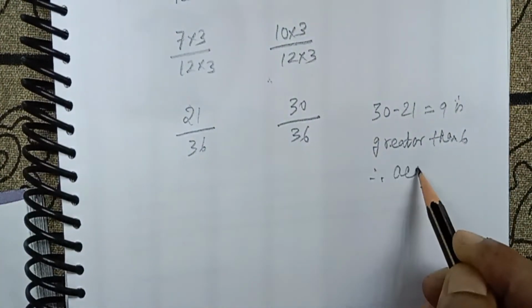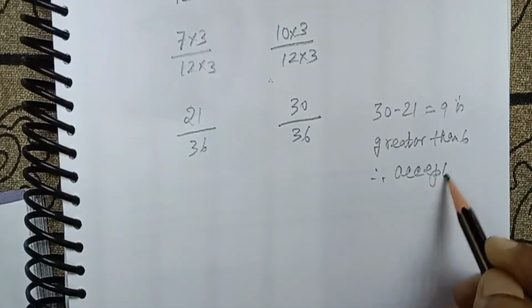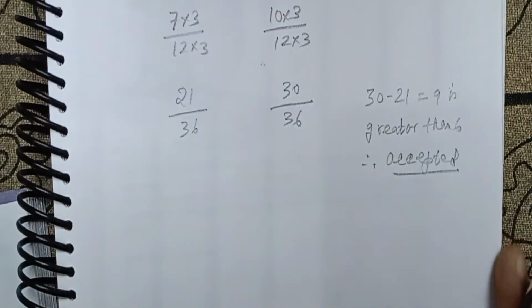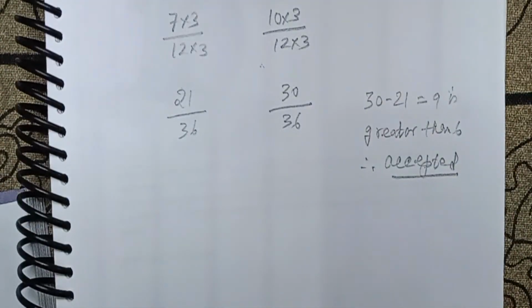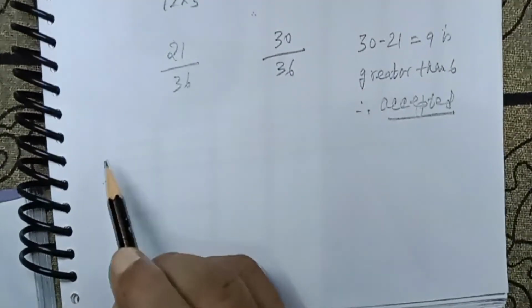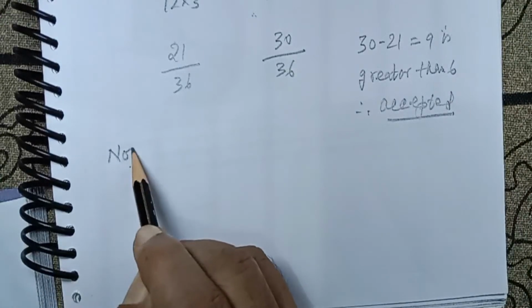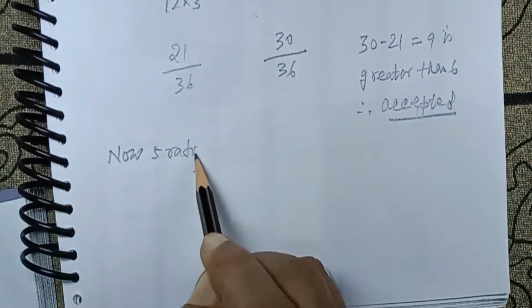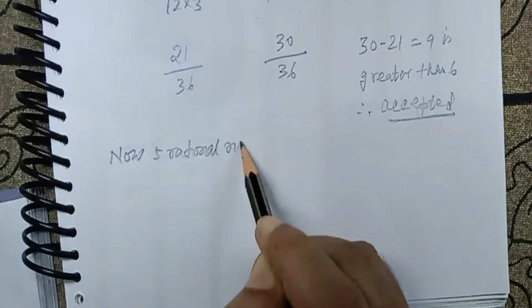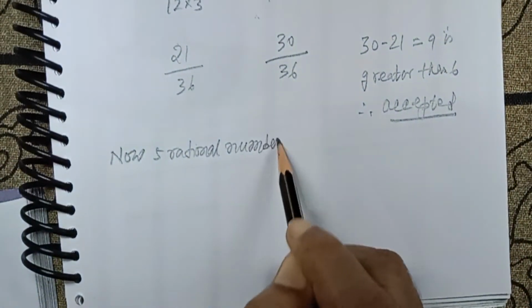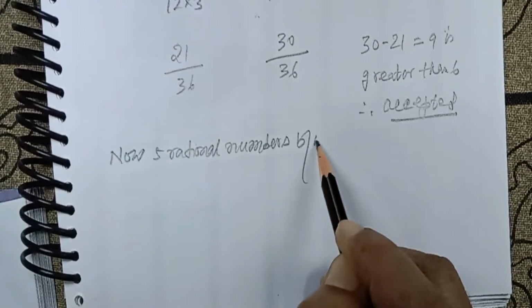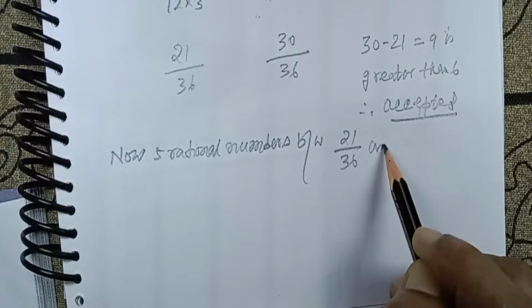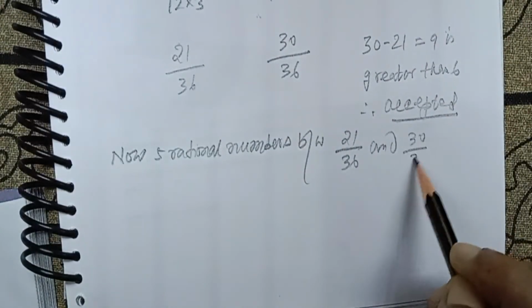Therefore accepted. Okay. Now you can write 5 rational numbers between 21 upon 36 and 30 upon 36.